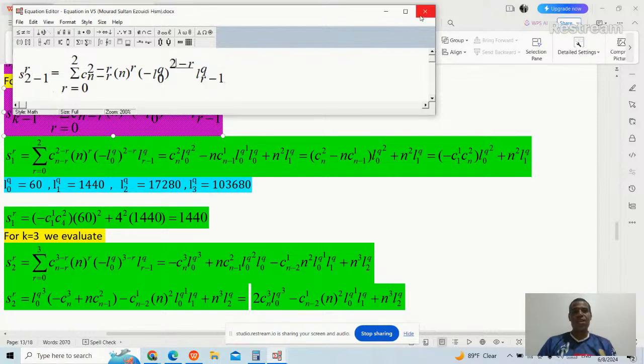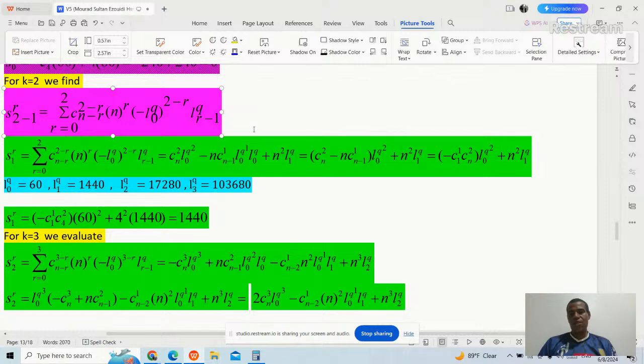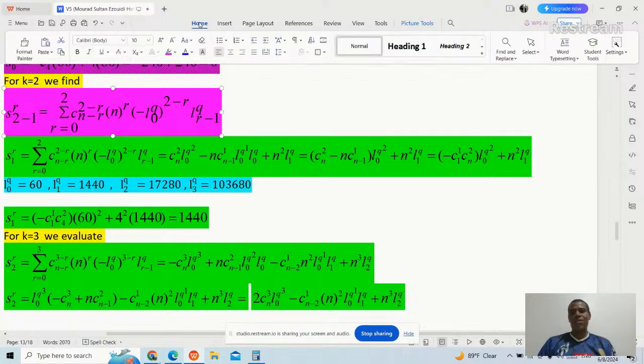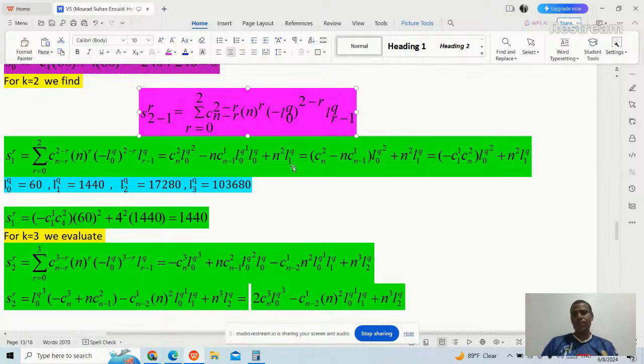This formula, if you want to replace, you should replace, learners, r equals 0, then r equals 1. So when you replace r with 0, we get combination n choose 2, L0 for the q squared. When r equals 1, you will get negative n, combination n minus 1 choose 1, times L0 for the q raised to the power 1, because 2 minus 1, and times L0 for the q simply because 1 minus 1 gives you here 0, it will be L0 for the q.